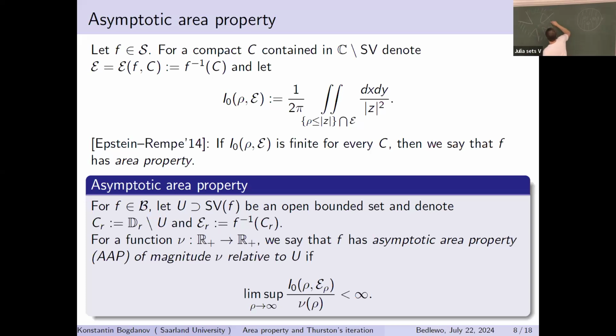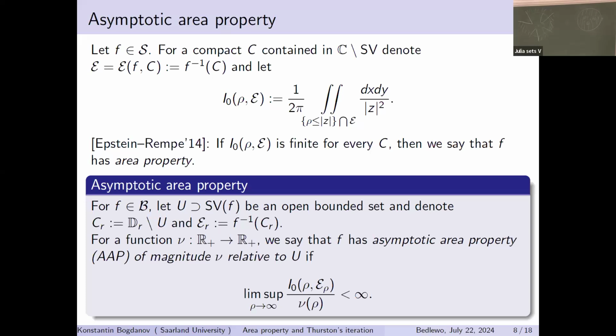It turns out that this area might degenerate. This definition may be a bit confusing. We say that our function has the asymptotic area property if our integral measured starting at rho behaves more or less like a function nu of rho.